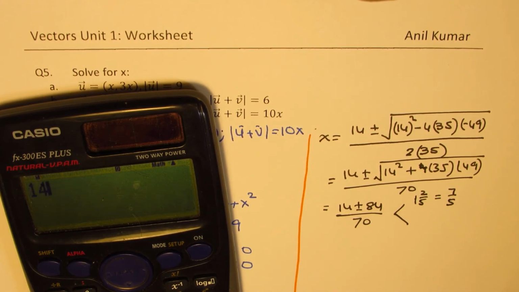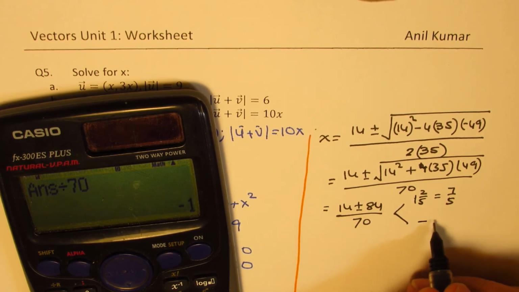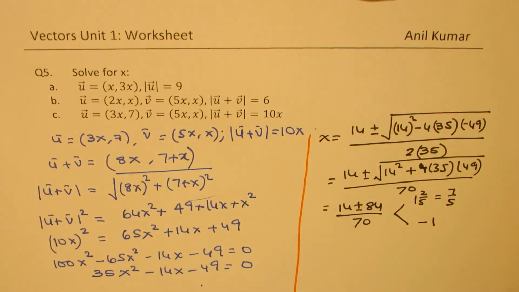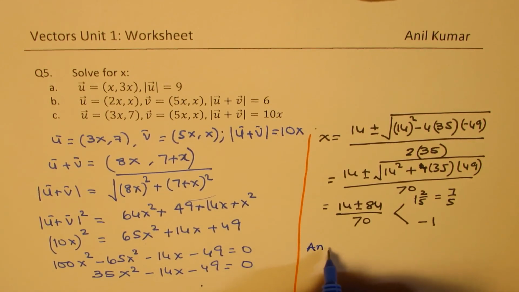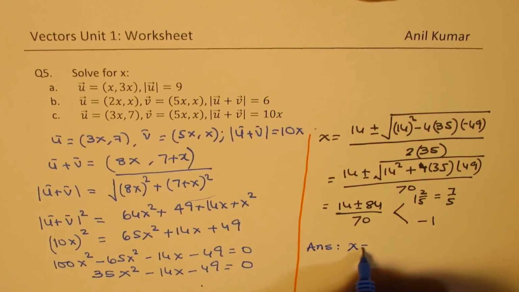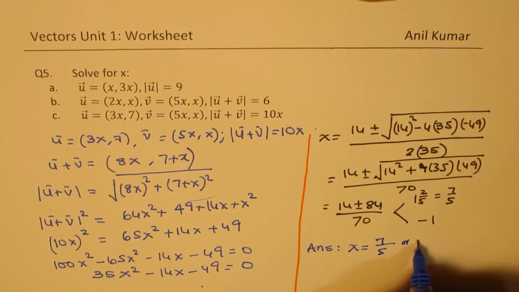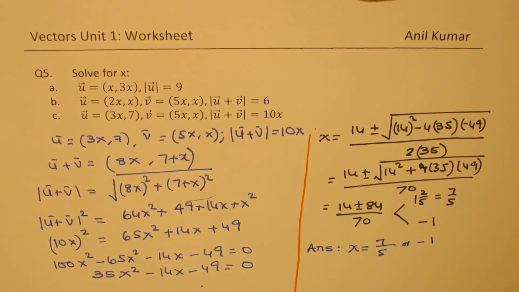And if I say 14 minus 84 and then divide by 70, I get minus 1. So we have two solutions for this. The value of x is equal to 7 over 5 or minus 1. Correct.